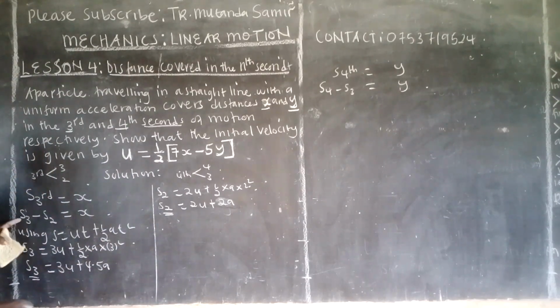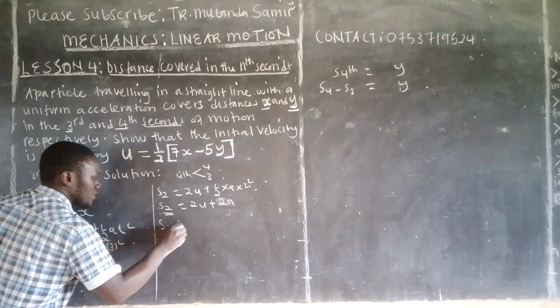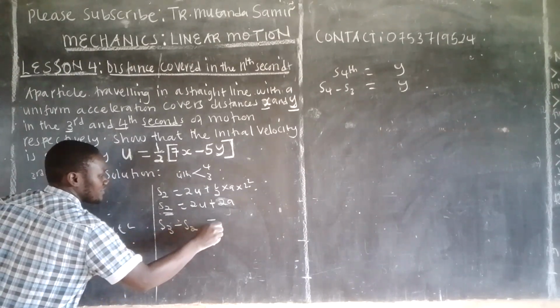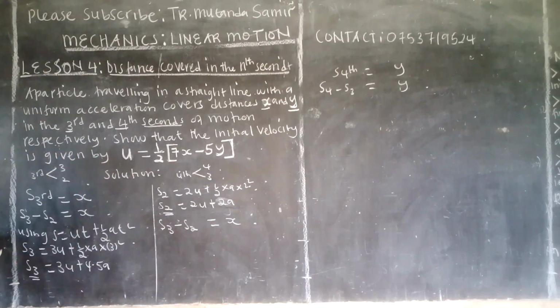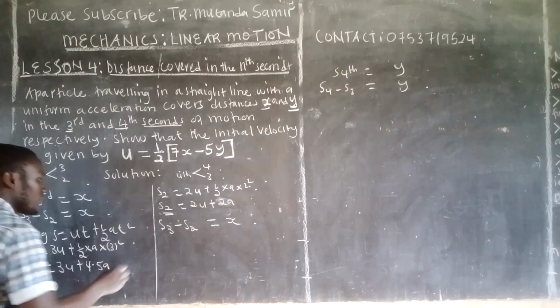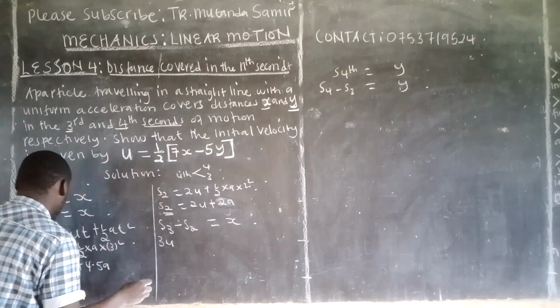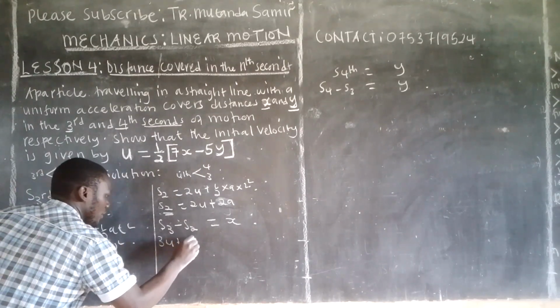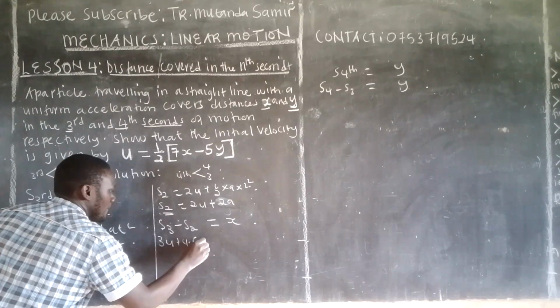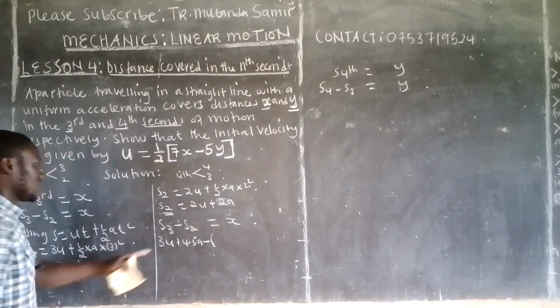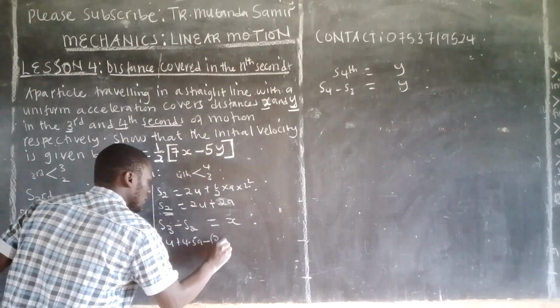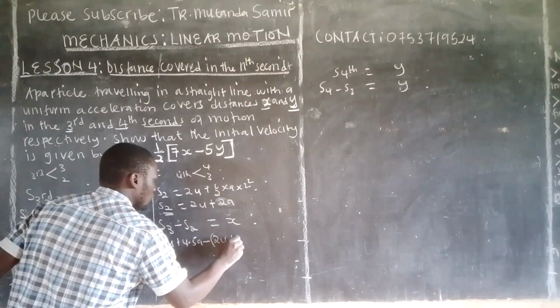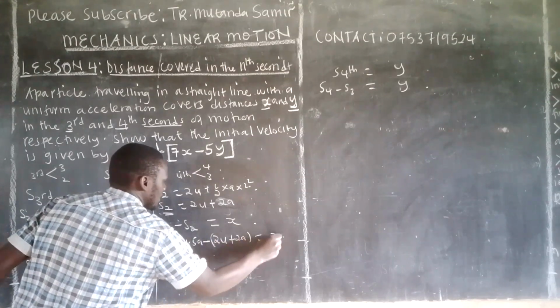So s3 minus s2 gives us x. Substituting, this will be 3u plus 4.5a minus brackets 2u plus 2a, which will give us x.